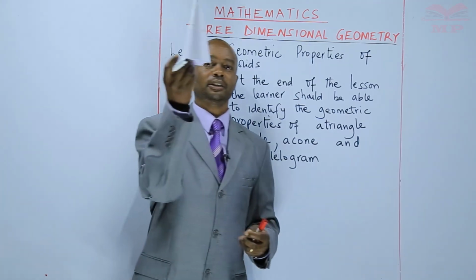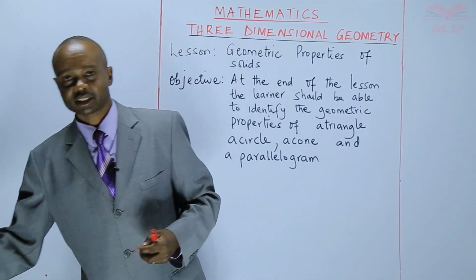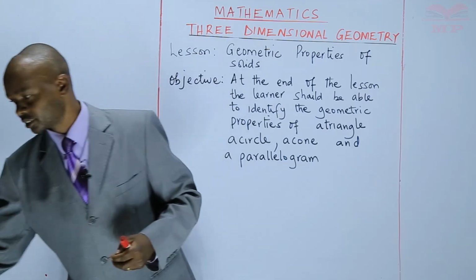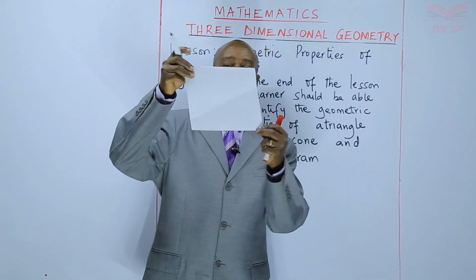For a cone, I had earlier shown you. For a triangle, we have it. A parallelogram would look like that.